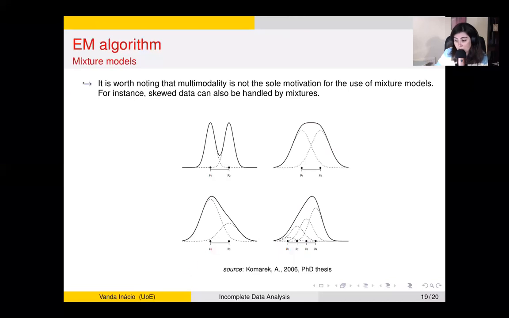I can also handle this with mixture models. Here it's skewed to the right, skewed to the left. And as I've said, this is no surprise because mixtures of normals can approximate any density on the real line. We just need to make sure that we use enough components.